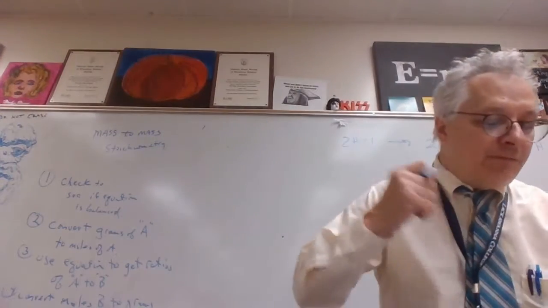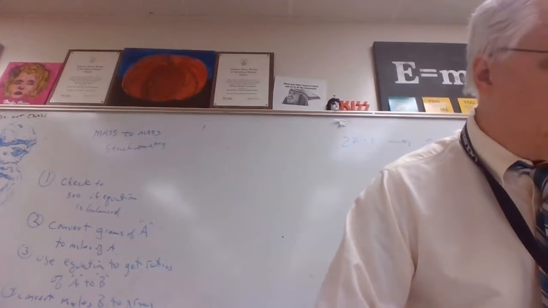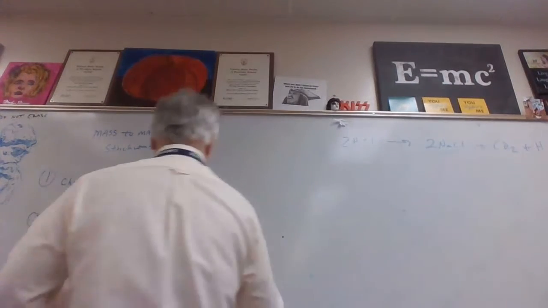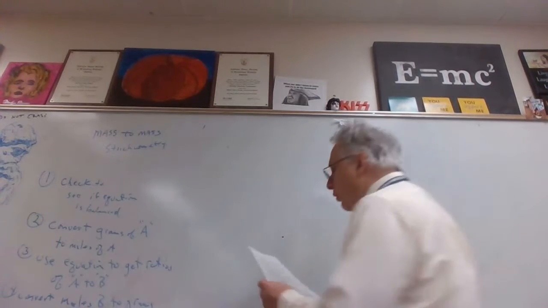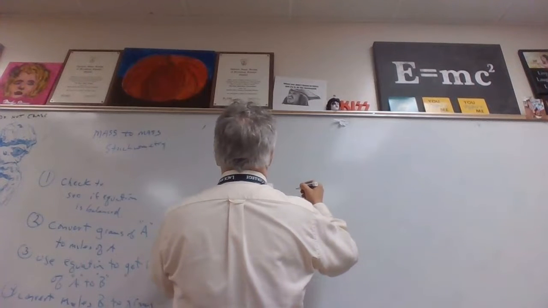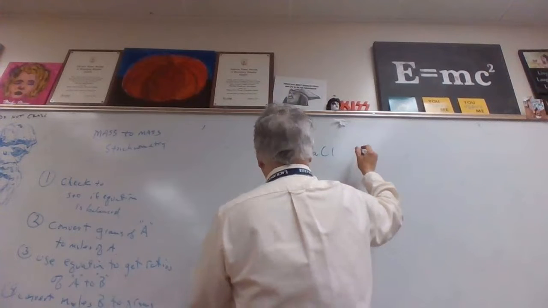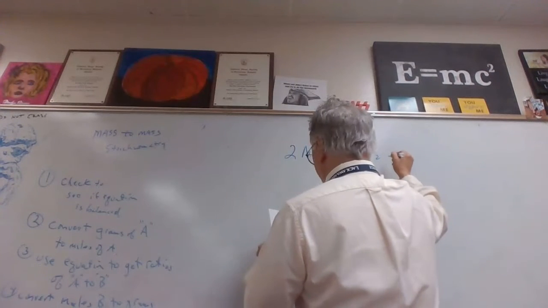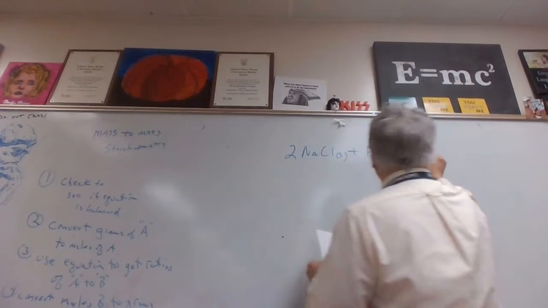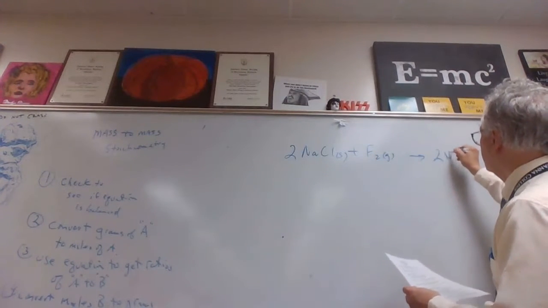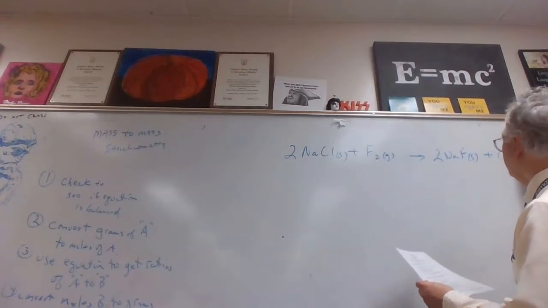Very typically, we've been doing problems like this, where, for example, if I have 2 sodium chloride plus fluorine gas, this is a single replacement reaction, and I end up getting 2 sodium fluoride solid and Cl2 gas.